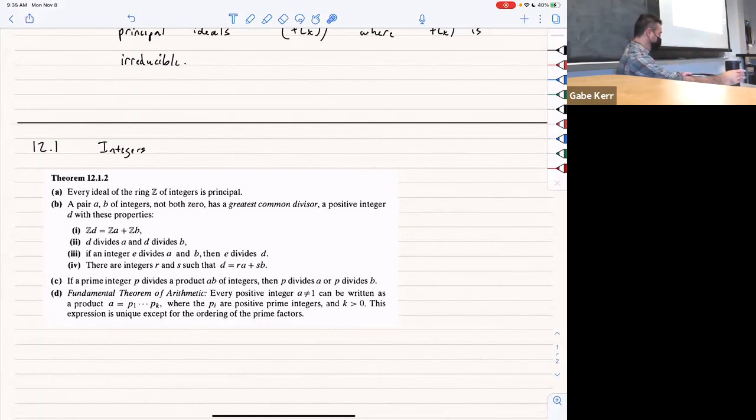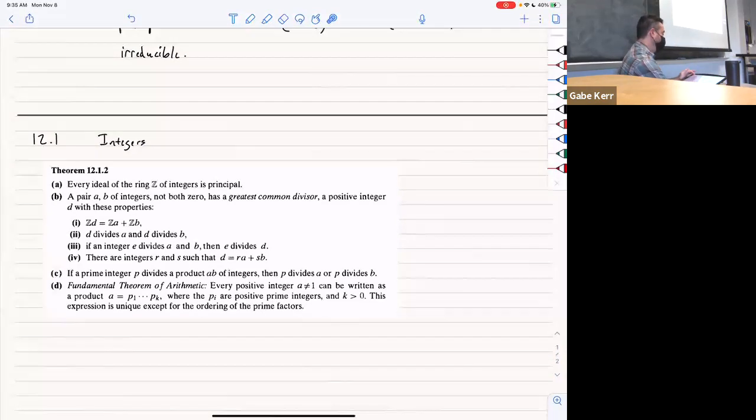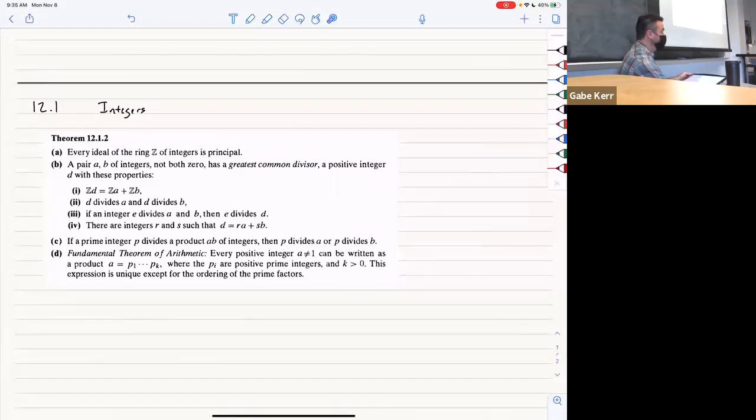We also have this theorem early on, when we studied subgroups of integers, that if we have two integers, we could take the sum of two subgroups, Z A and Z B, which we can now recognize as ideals as well. Because it's principal, we'll get Z times some element D.